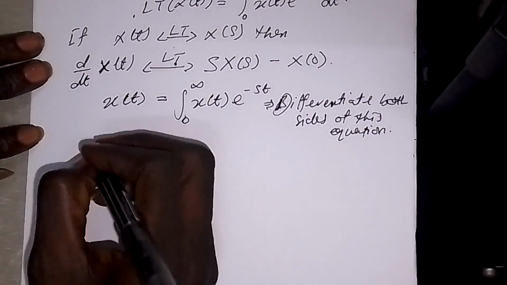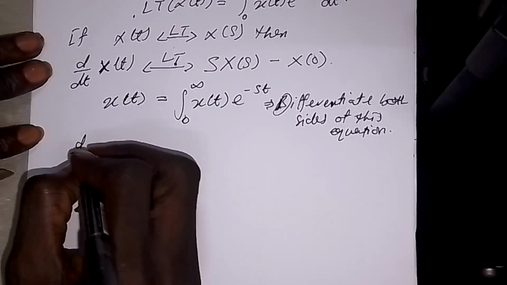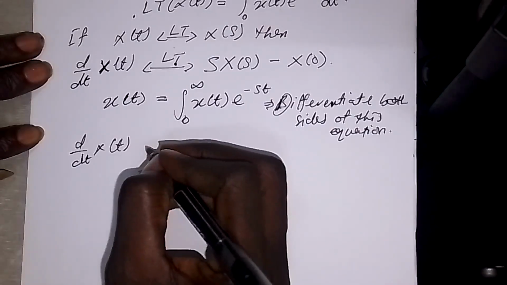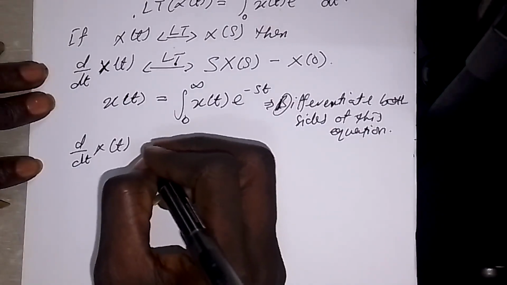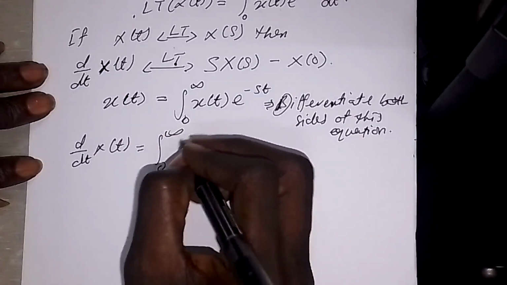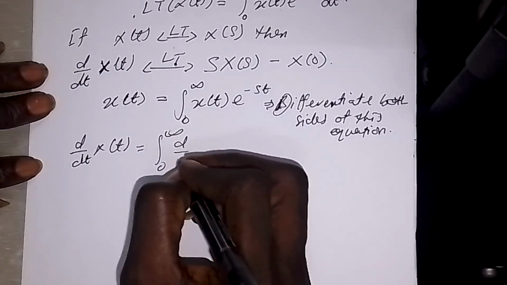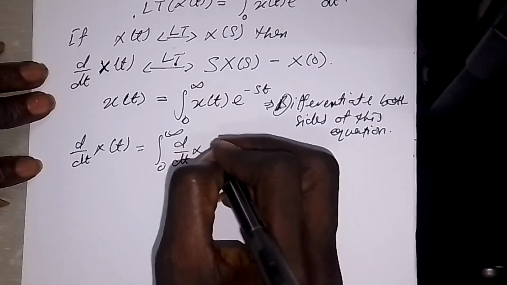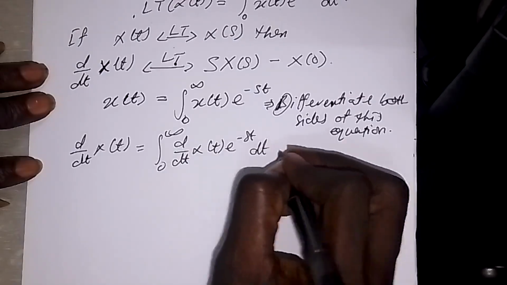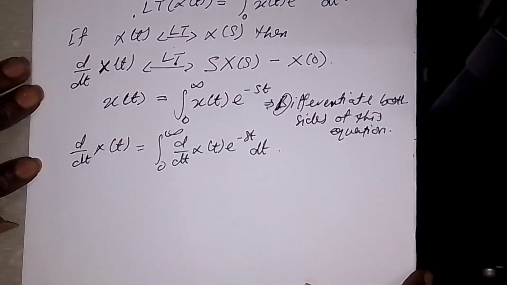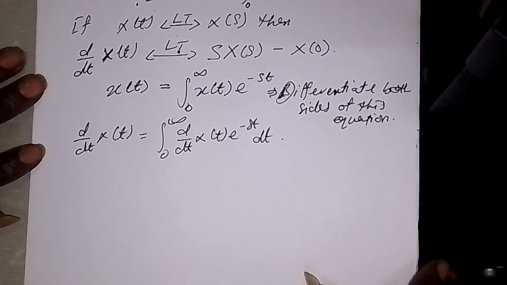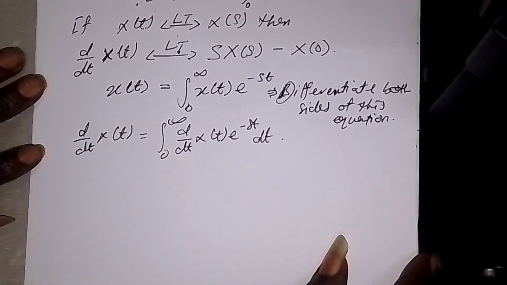If I differentiate both sides, I'll have dx/dt equal to the integral from 0 to infinity of d/dt of x of t times e to the minus st dt. Basically, this is what I can do at this stage, and this is how I can differentiate this one.